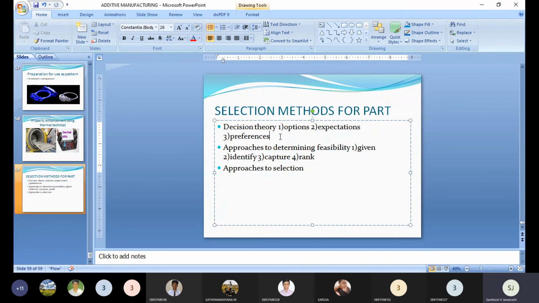We are taking it as per the choice. That is what preference choice is. Sometimes we take the expectation, sometimes everything is based on the preferences. Sometimes there will be chances in the preferences. We may or may not produce the quality product.